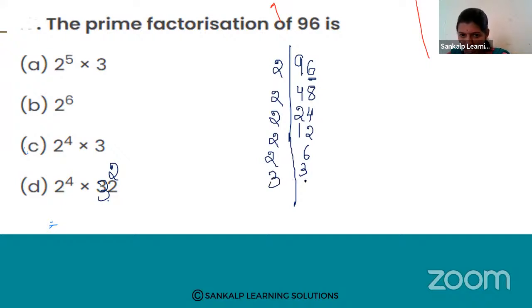So 3 1s are 3. How many times is 2 repeated? 5 times, so I will write it as 2 raised to 5. And how many times is 3 repeated? Only 1 time. That means 2 raised to 5 into 3. It is option A. Option A is right. Right?